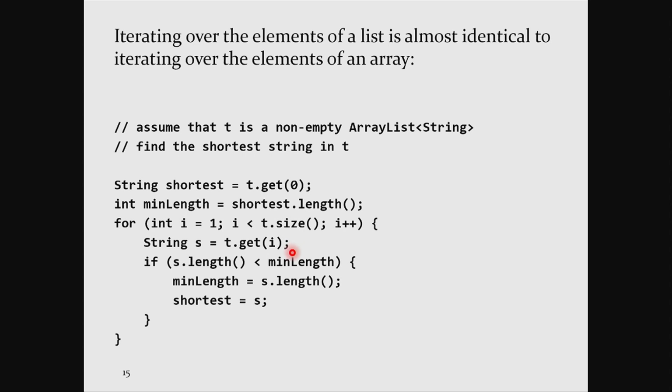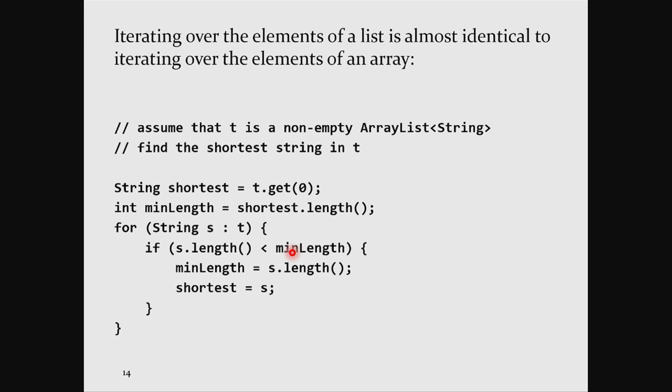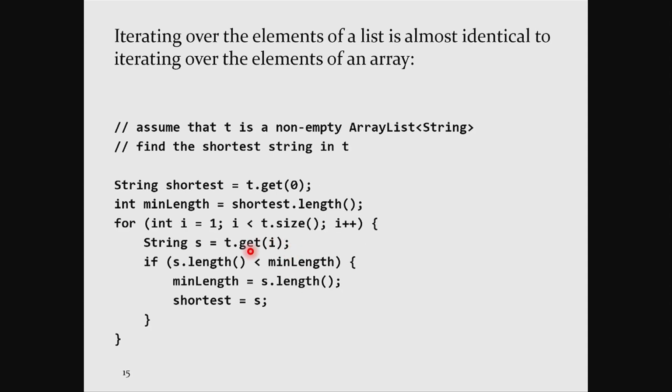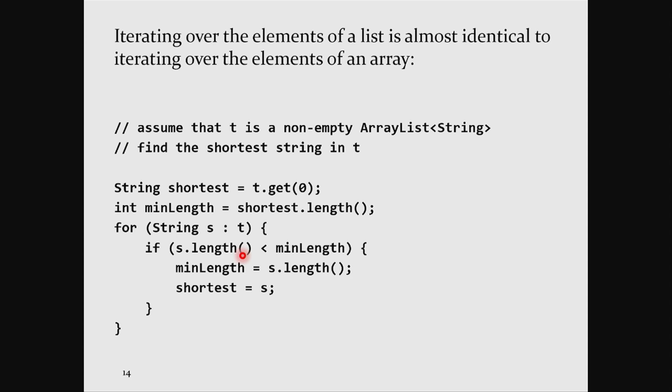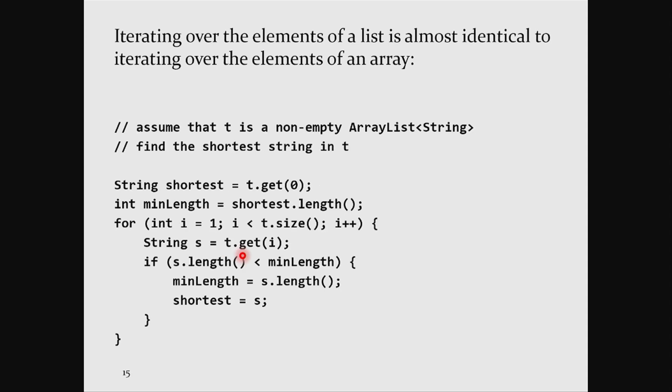The old style of Java loop here is a little bit longer than the for each version. It also involves an explicit call to get here. But otherwise, it's the same. In this case, the preference is to use the for each loop, but you can use the old style loop here.